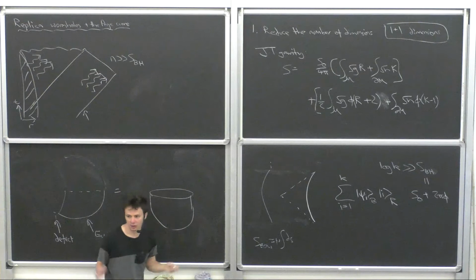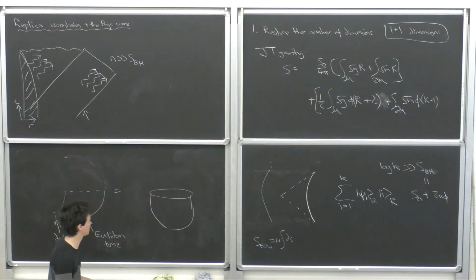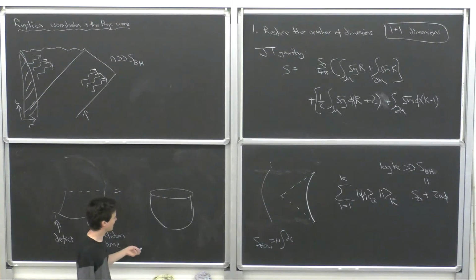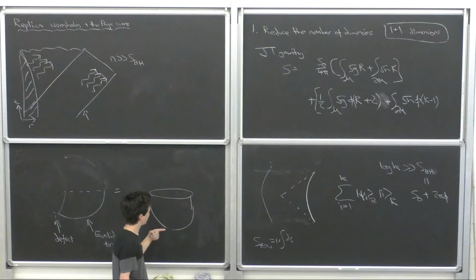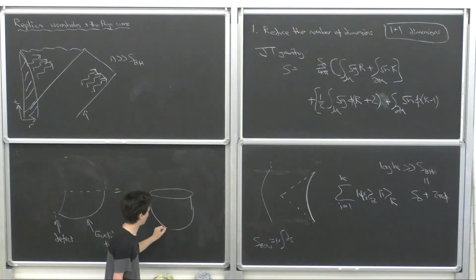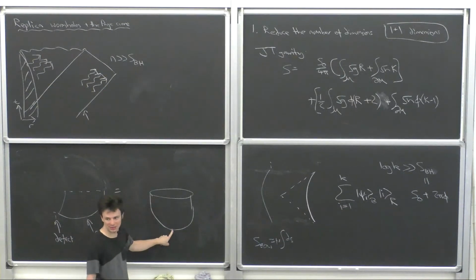Perfect. Okay. Yeah, this is the state-operator correspondence in CFTs. So the set of states are dual to the set of operators. So if I extracted a point out here, then this would be an infinite cylinder starting with some state.